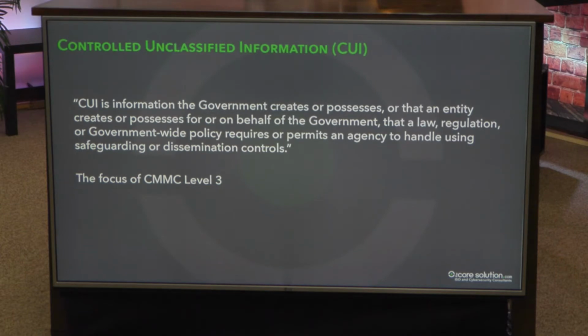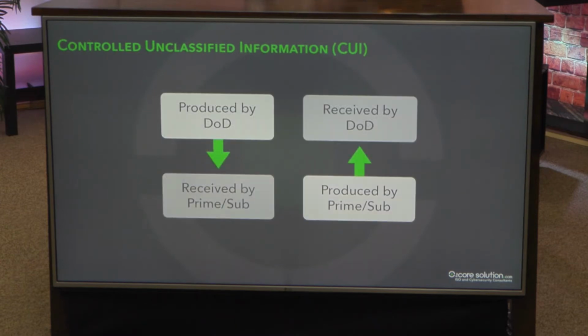Boy, that sounds like a government statement, doesn't it? But what they're basically saying is there is more sensitive technical information like drawings and specifications, as we've mentioned, that will require CMMC Level 3, whether the government provides it and sends it to your organization or vice versa. You produce it as a deliverable and provide it to your customer. All that information is called CUI. Let's look at a few examples.